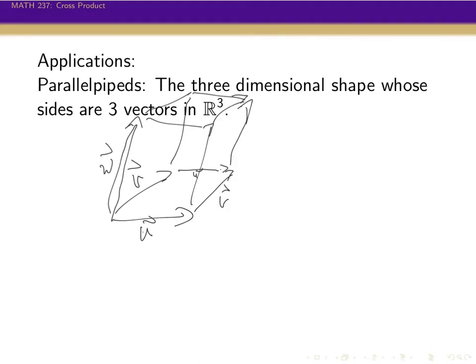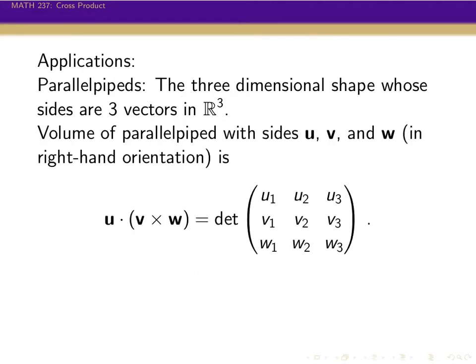Okay, I'm not going to go through the derivation of this, but the volume of the parallelepiped is related to the cross product. If you have u, v, and w in right-hand orientation, which is how we had it drawn there, the volume of the parallelepiped is going to be u dot v cross w.